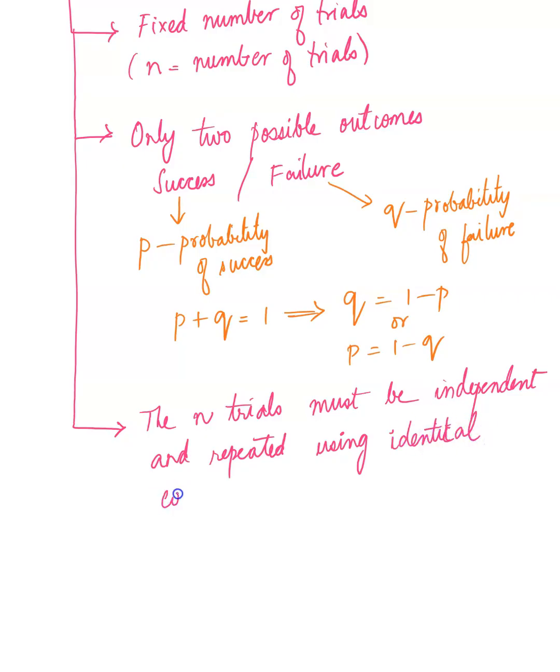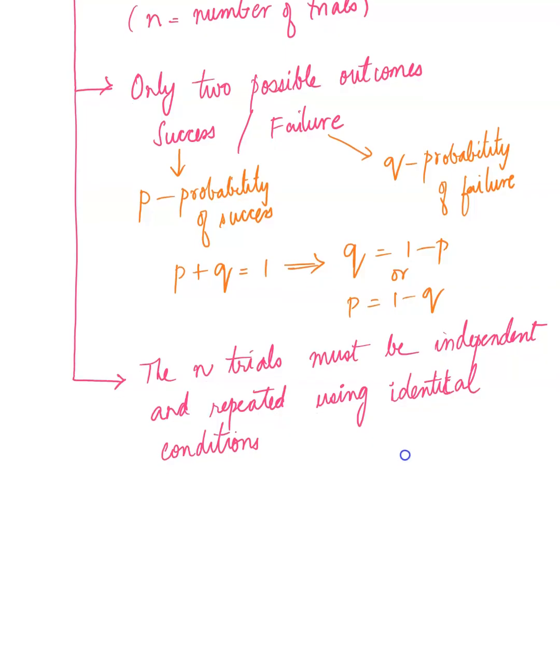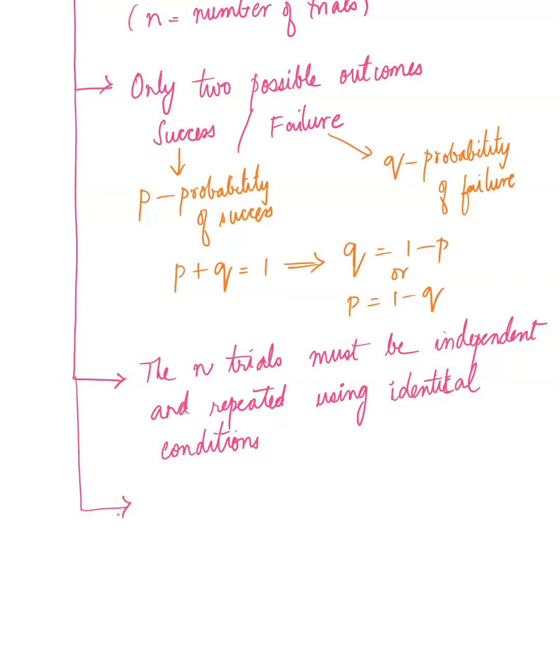Identical conditions. And the fourth condition is the redundant one I was talking about. So what this means is that when we say they're independent, and this is for each individual trial, the probability of success and the probability of failure should remain the same in each individual trial, right? Because one did not affect the other, so the probability will change if one affected the other. Remember, like with replacement versus without replacement, or conditional probability given that something happened.